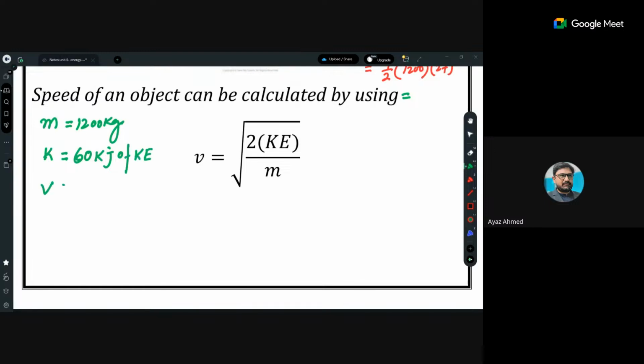Calculate the speed at which the car is moving. So I have just rearranged that equation for you for convenience.